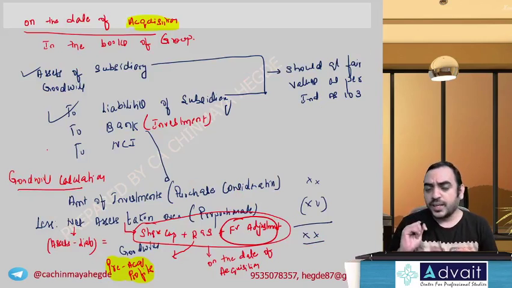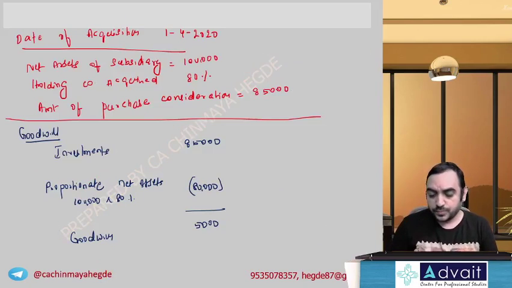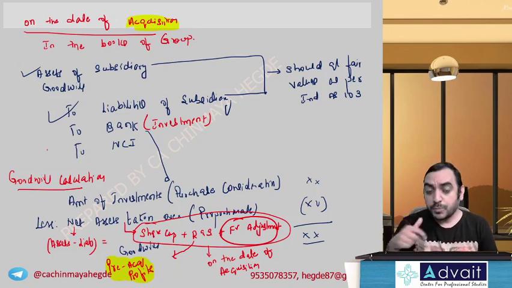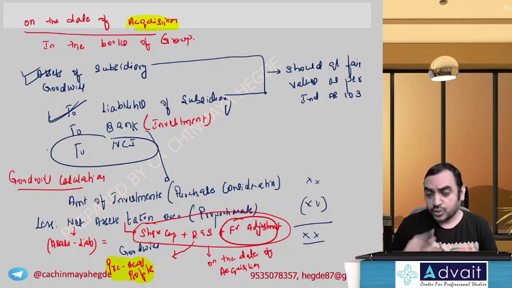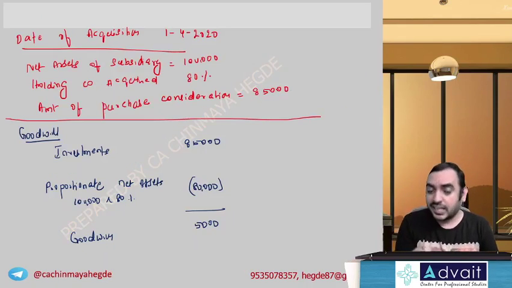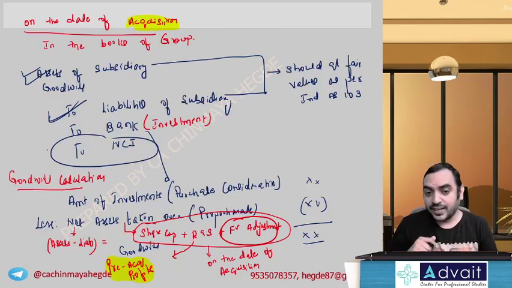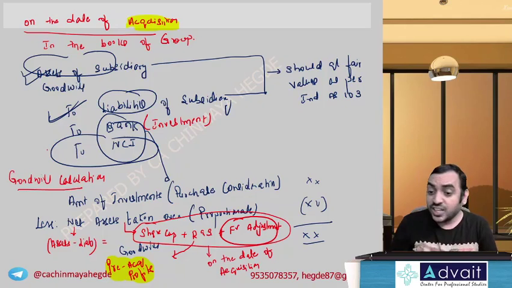Okay, now if you look at the journal entry and this calculation, there is a slight difference, because in the journal entry we recognize assets and liabilities separately, but we also recognize NCI. If I want to write the goodwill calculation in the journal entry format, the amount is going to be the same: net assets minus investment, with investment and NCI taken together.